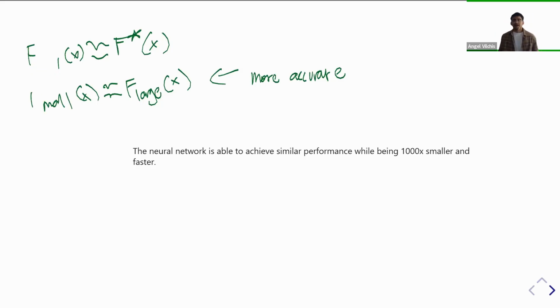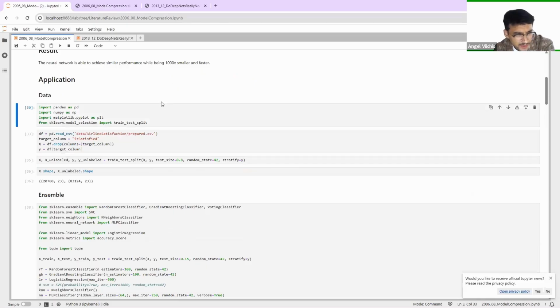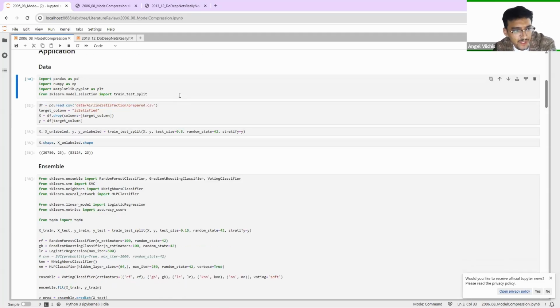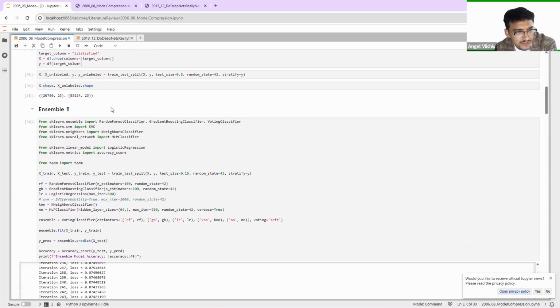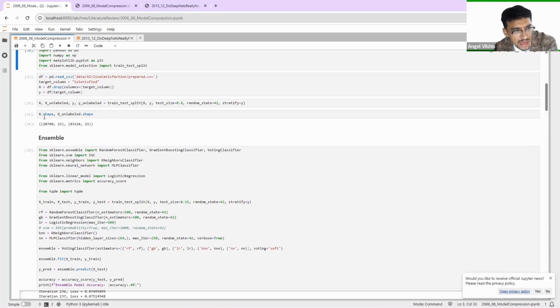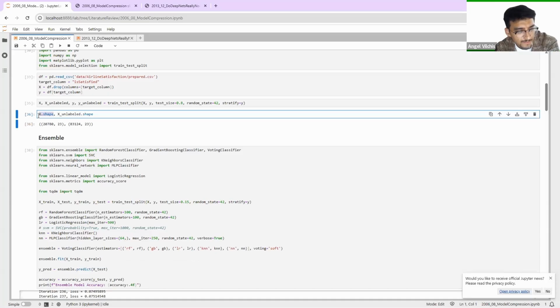So with that, I want to go into a little code example, and then I'll move on to the next paper. Okay, so now we're going into a little code snippet. It's not a reproduction of the paper, but it's the same idea applied. So we start with a simulated data set where we have labeled examples and unlabeled examples.